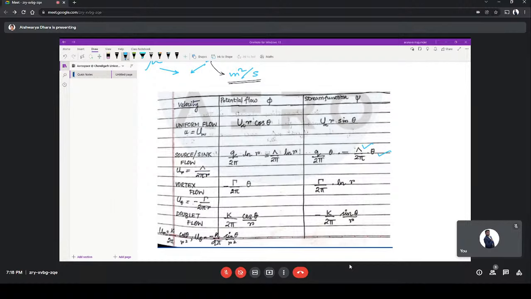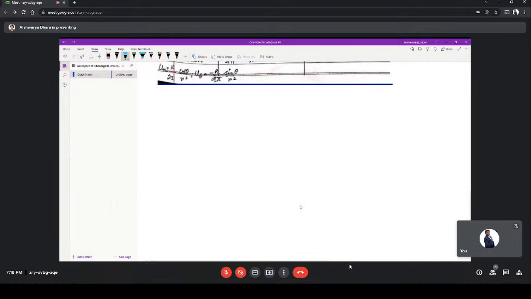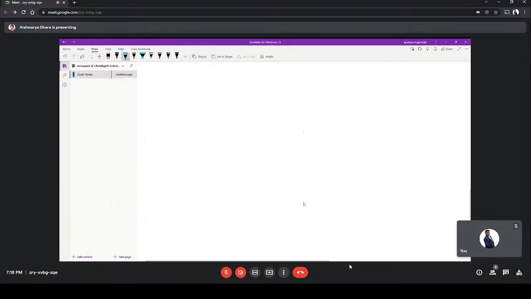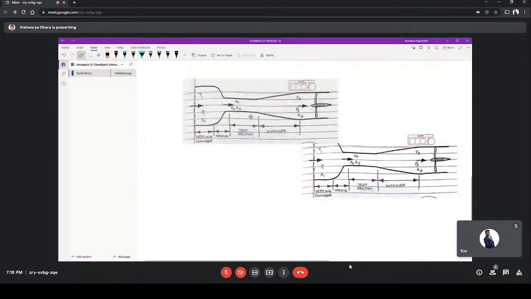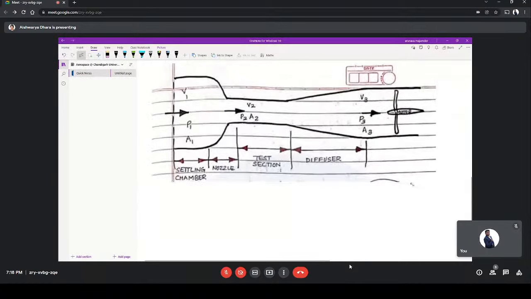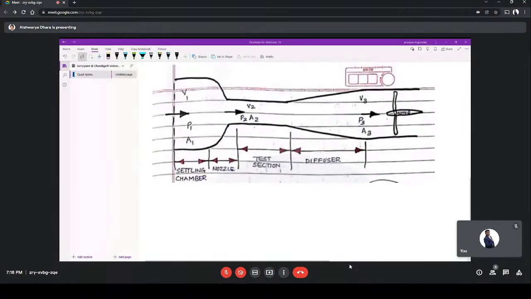This is again a relevant topic to this unit and the last unit, another relevant topic with Bernoulli's equation. I hope this is visible along with the parts I have mentioned on the screen.